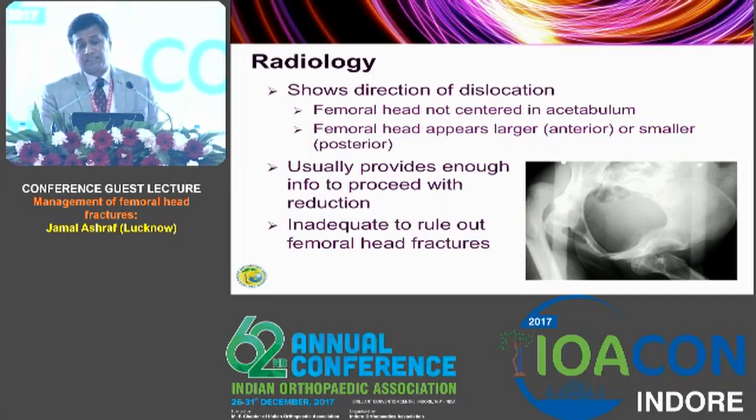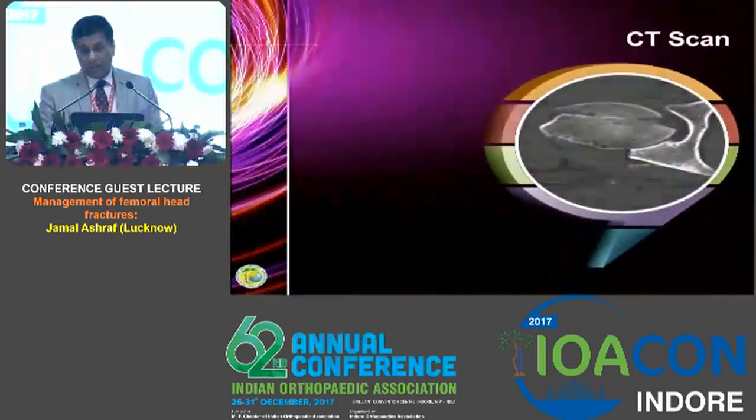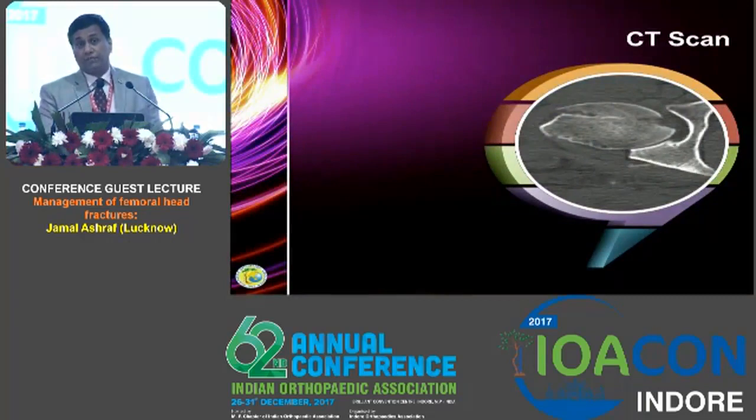However, it is inadequate to rule out femoral head fractures, especially small femoral head fractures, since these can be obscured by overlying structures. So naturally, the main thrust of your diagnosis will be based on the CT scan. And that is why the CT scan is termed to be the gold standard.